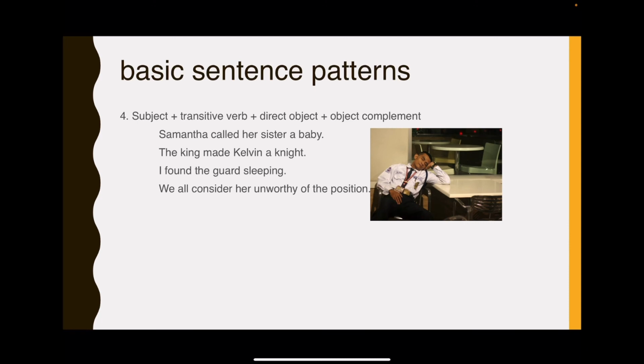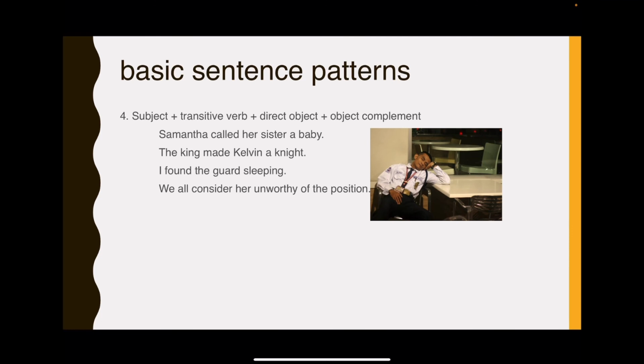Is that right? Okay. And if we just remove "a baby," we get something else. "Samantha called her sister." Called her sister as what? Okay. So it's possible that you can just add some kind of word, like "called her sister as something," okay, or "known as something," for some kind of sentence.